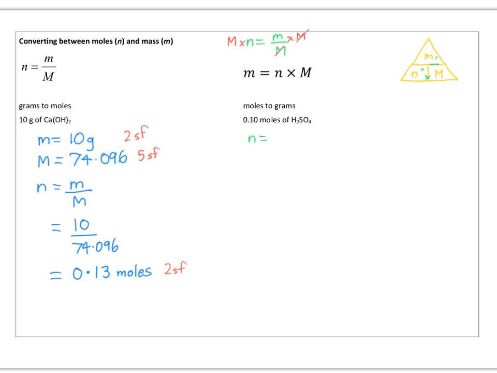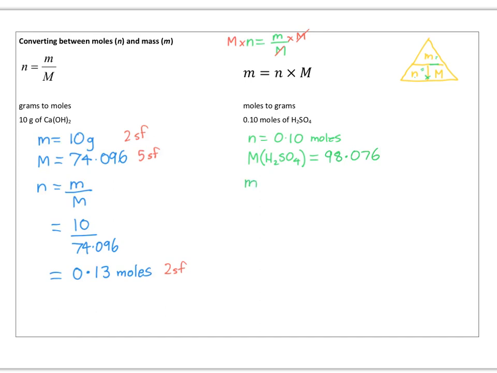The number of moles equals 0.10. Often, particularly in a question where we've got lots of things, we would write the molar mass of sulfuric acid. It's just a practice to get into for later on. It is equal to 98.076. I'll just check back on the previous slide.